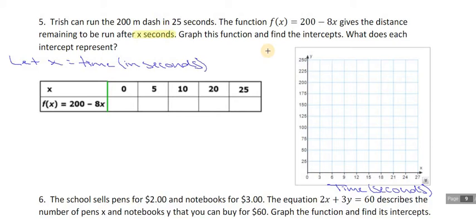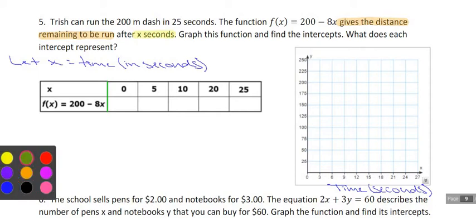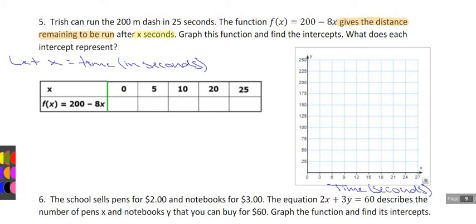And it's also telling us what the overall value is. It says the function f of x equals 200 minus 8x gives the distance remaining to be run. So that means our y value, or f of x, is the distance remaining, or the distance to the finish line.